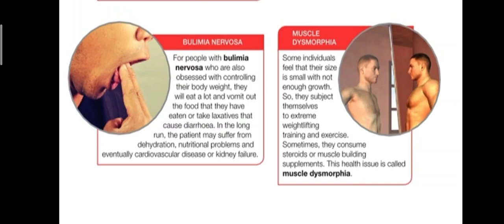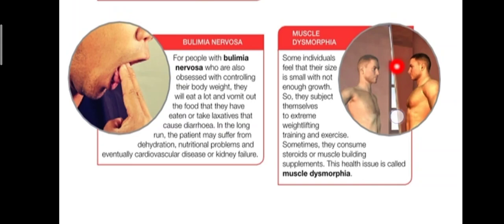Ataupun dia akan ambil laxative yang untuk membuang balik. Laxative yang menyebabkan cirit-birit lah, diarrhea. So in the long run, patients ini will suffer from dehydration, nutritional problem, and also cardiovascular disease ataupun kidney failure.